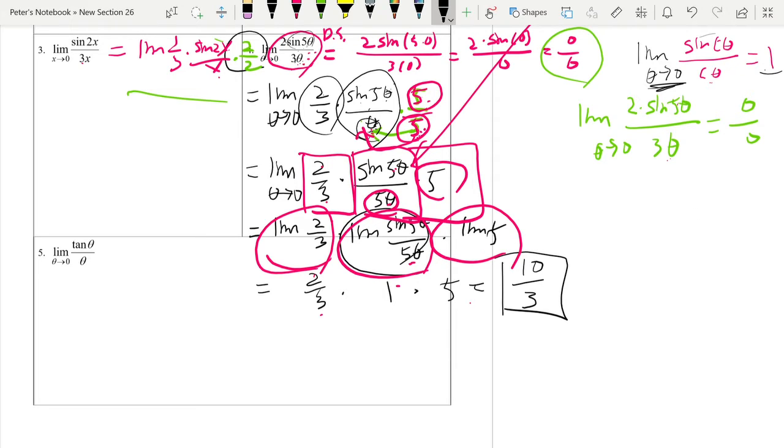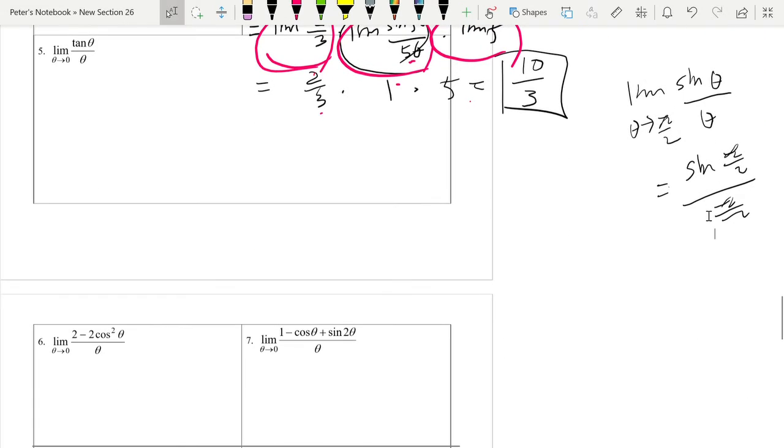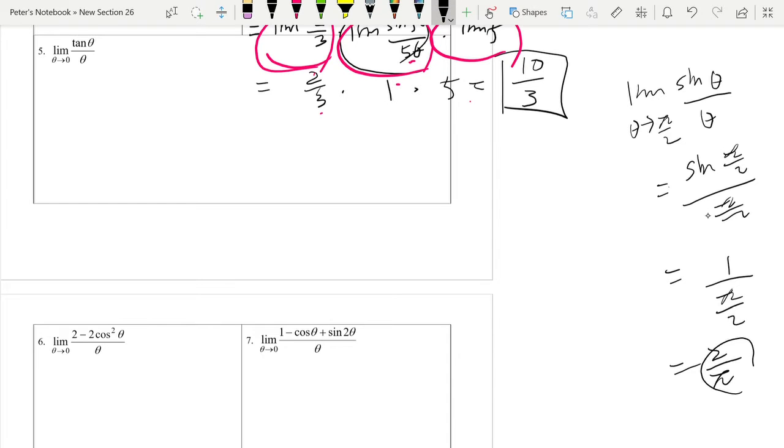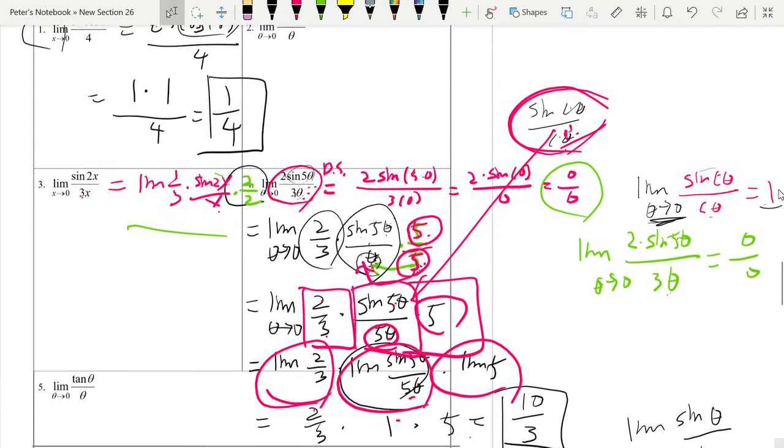For example, the limit of sine theta over theta as theta approaches pi over 2 will actually be sine of pi over 2 over pi over 2, which will give you 1 over pi over 2, or 2 over pi. So it's not equal to 1, is it?